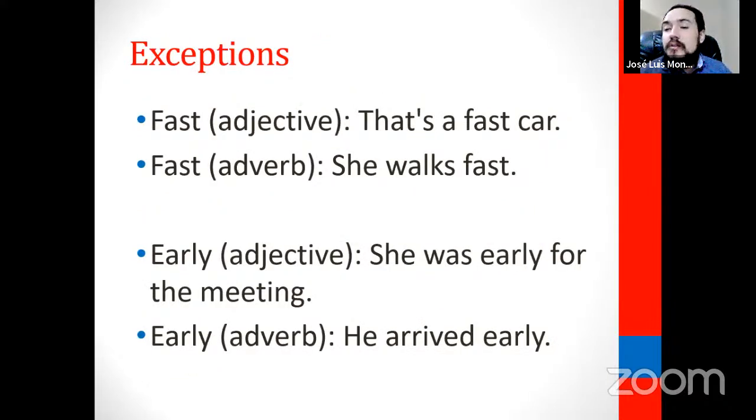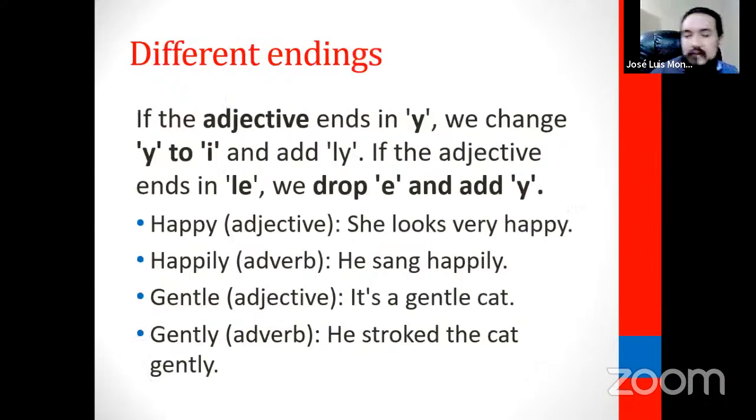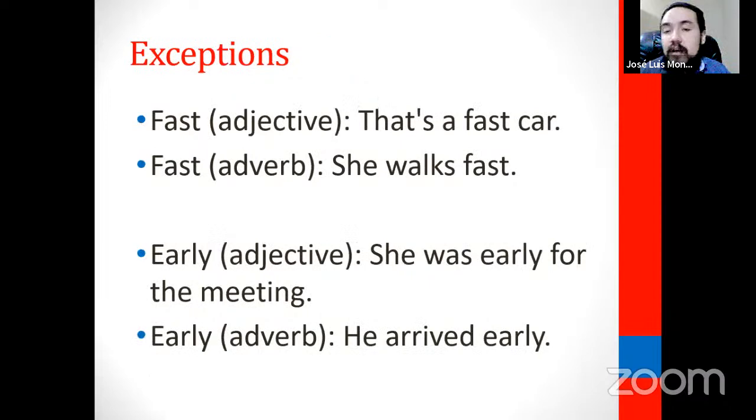Now we go to the exceptions. Because these ones are 90%, 95% of the cases. But the exceptions are this one, fast. Remember, I think people are using more commonly fastly, but no, fast and fast. That's a fast car. She walks fast.